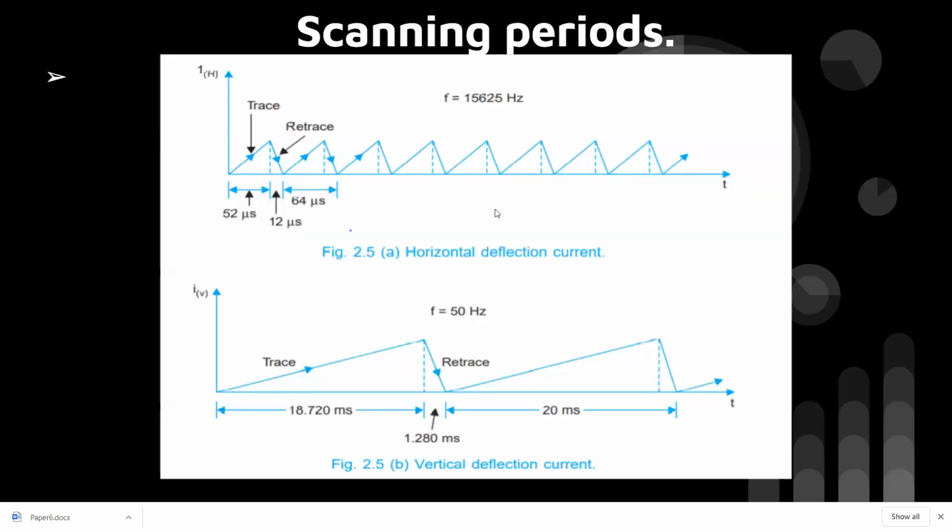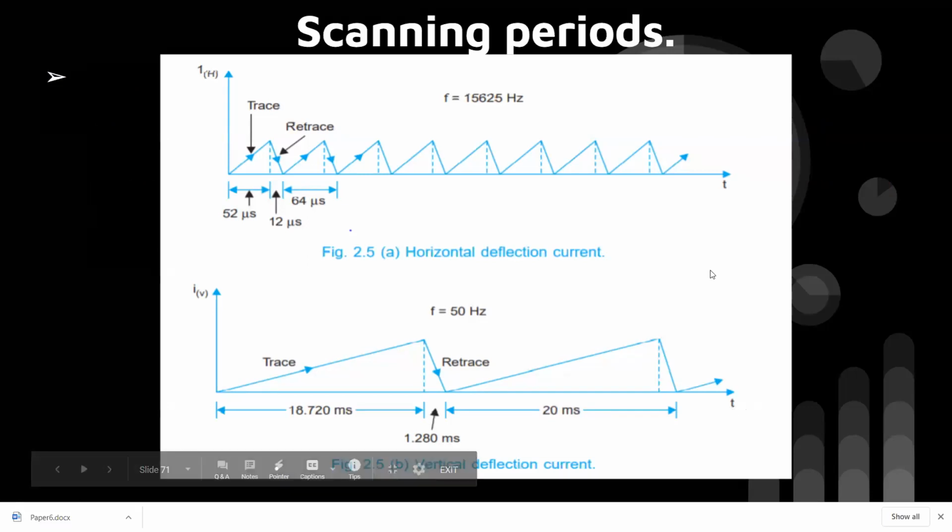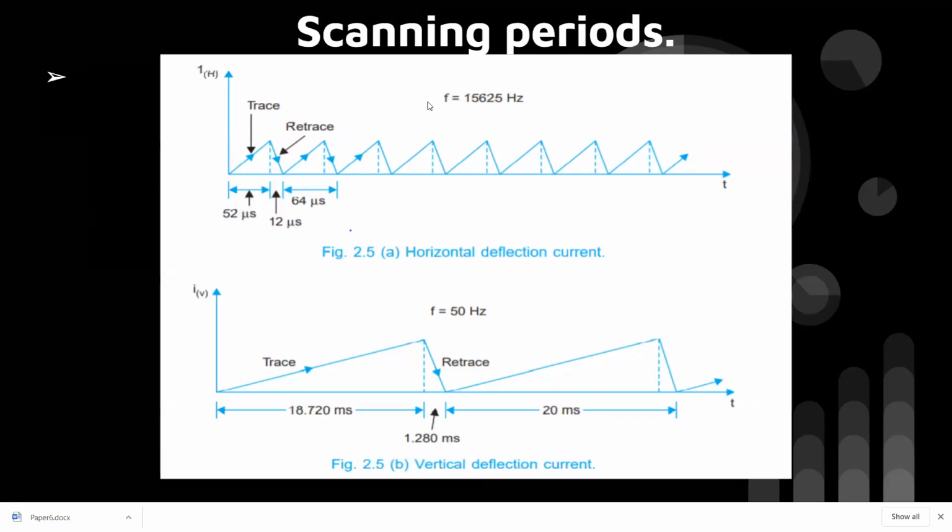This is the horizontal and vertical deflection mechanism shown in the waveform. On the x-axis is the time period, and on the y-axis is the deflection current in both horizontal and vertical directions. I think you are all watching the waveform on your screens. What is the observation from these waveforms?